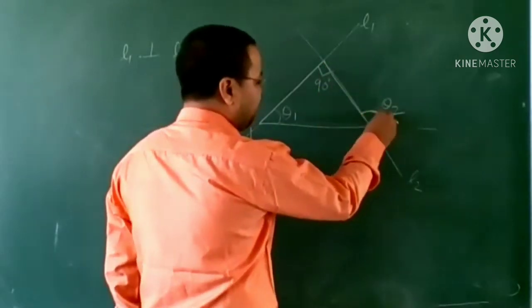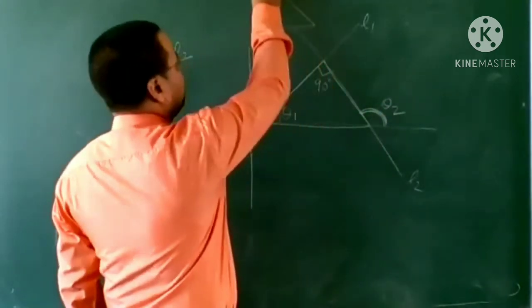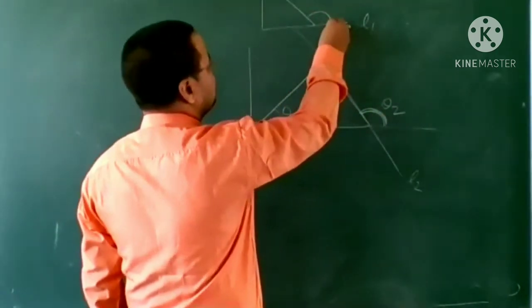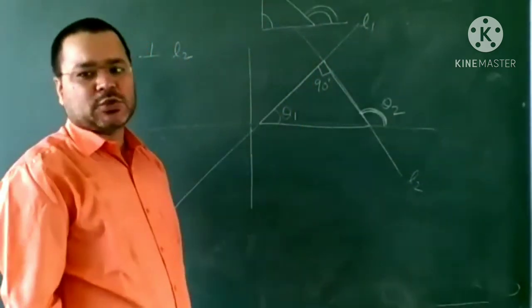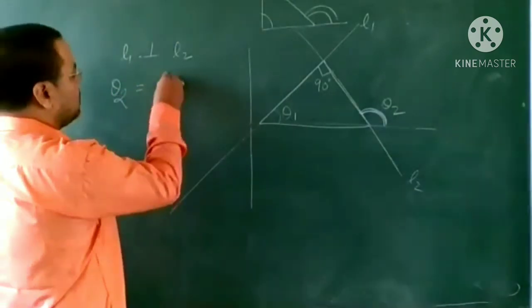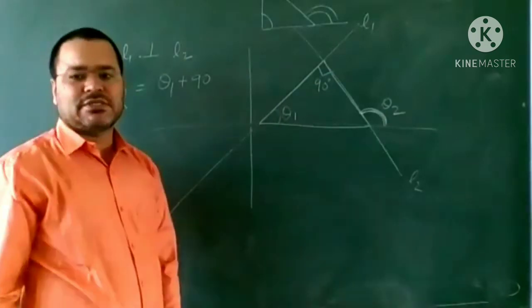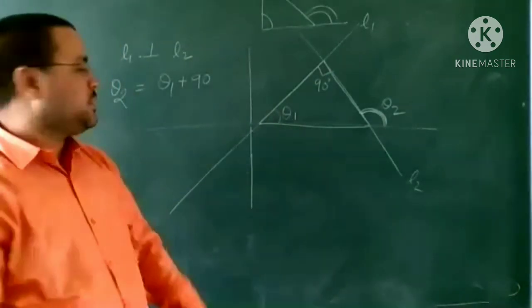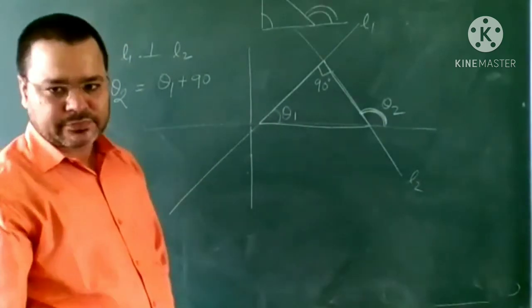This is the exterior angle. And you know that the exterior angle is what? Sum of the opposite interior angles. So using this formula, theta 2 will be equal to theta 1 plus 90.